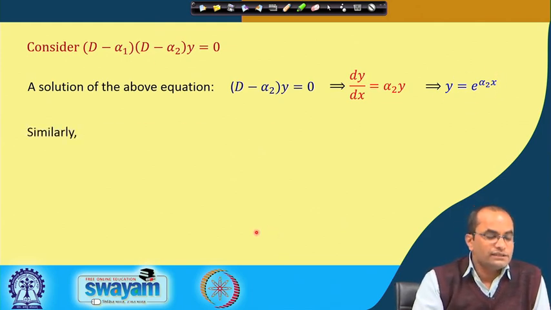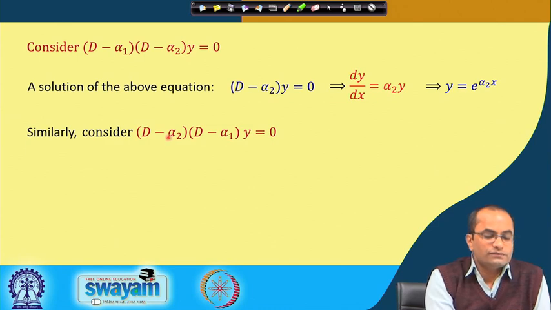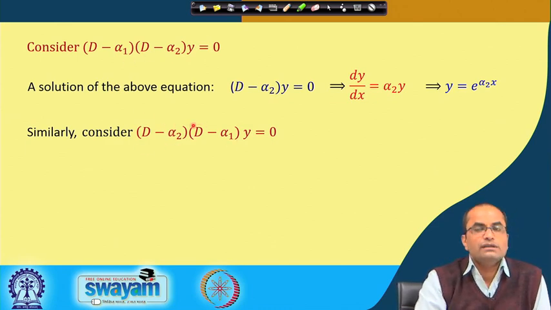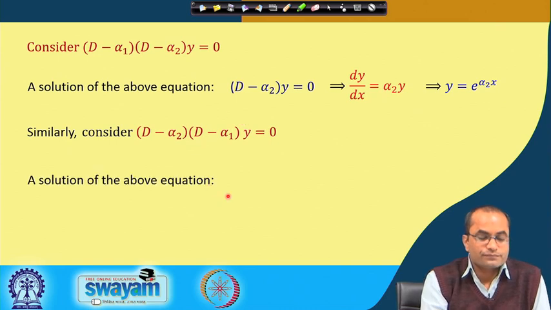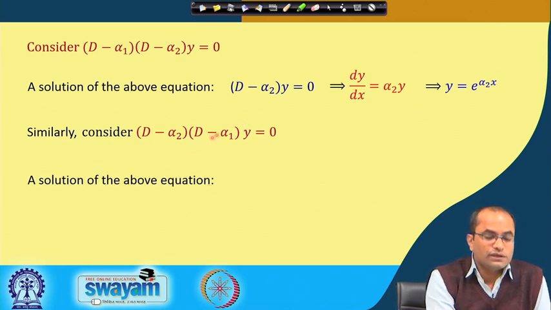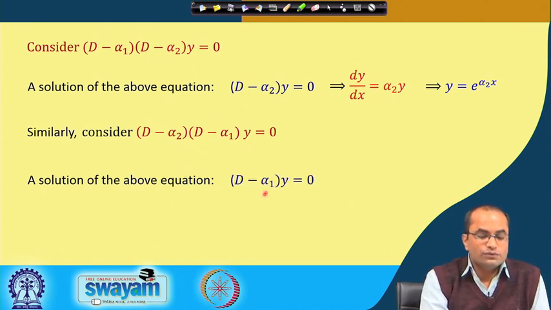The same exercise we can repeat now, once we take for instance d minus alpha 2 first and then d minus alpha 1. If we operate on y equal to 0, then a solution of the above equation will also be the solution of the equation d minus alpha 1 y is equal to 0, the same idea we applied above.